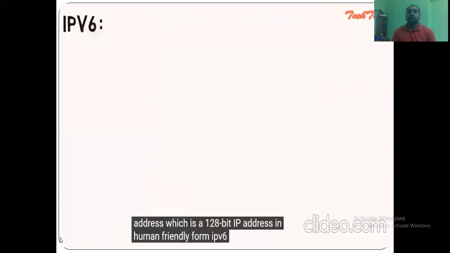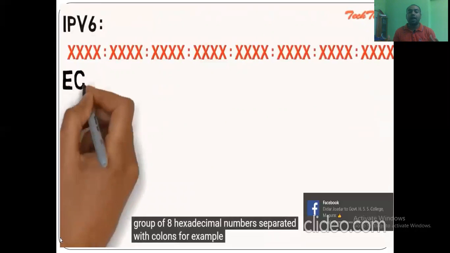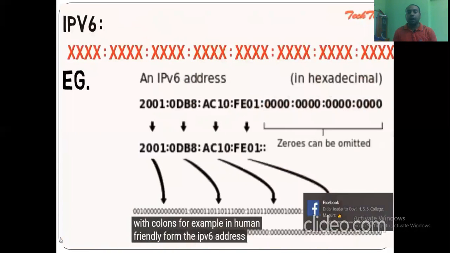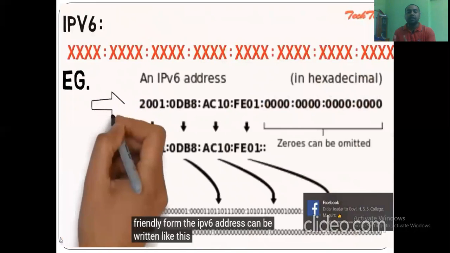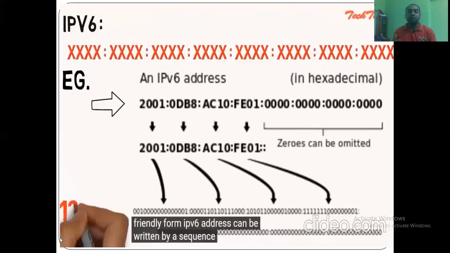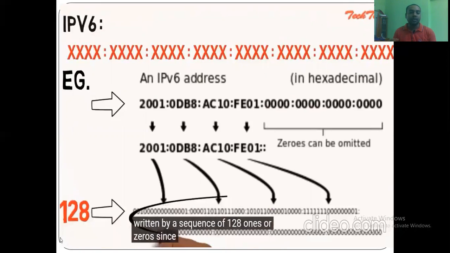In human-friendly form, IP version 6 is written as a group of 8 hexadecimal numbers separated with colons. In computer-friendly form, an Internet Protocol version 6 address can be written as a sequence of 128 ones and zeros.